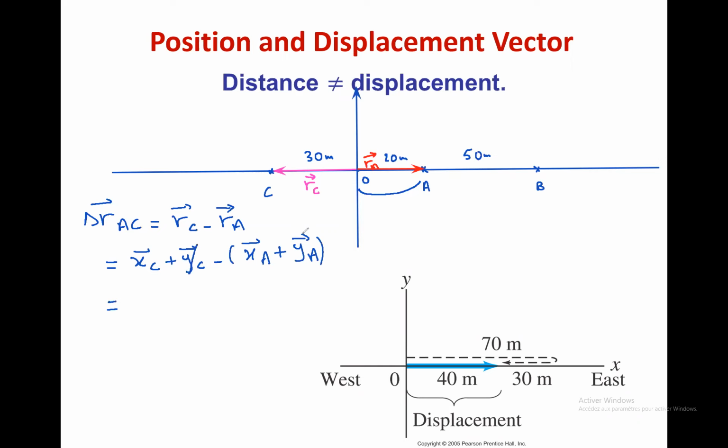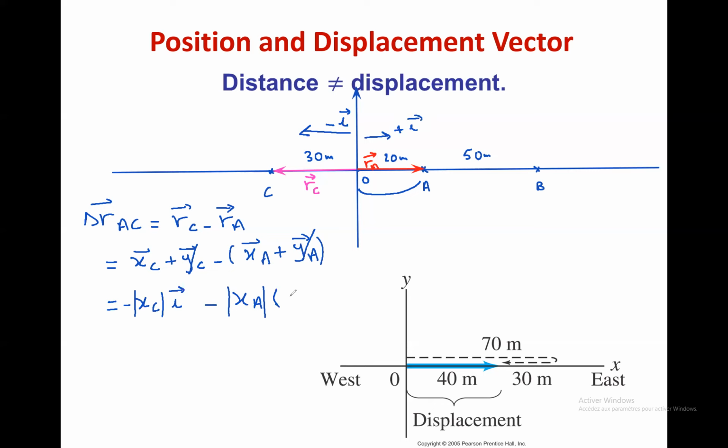Equal, we don't have Y components because we are working only one dimension, in the X direction or in the Y direction. XC as magnitude XC in the direction of negative direction minus I. So minus I minus XA here XC and XA in absolute value. XA in the positive direction.